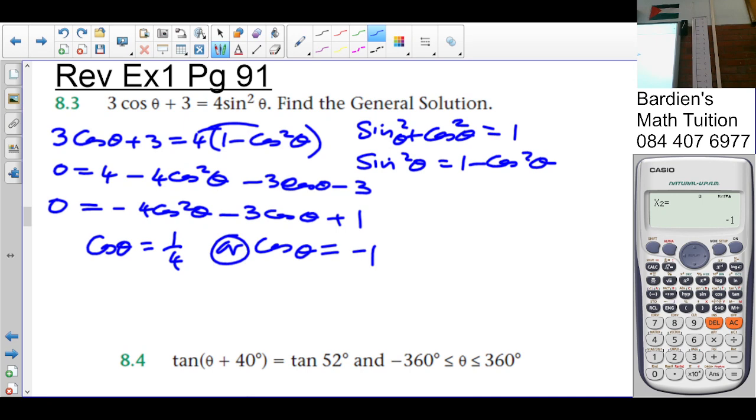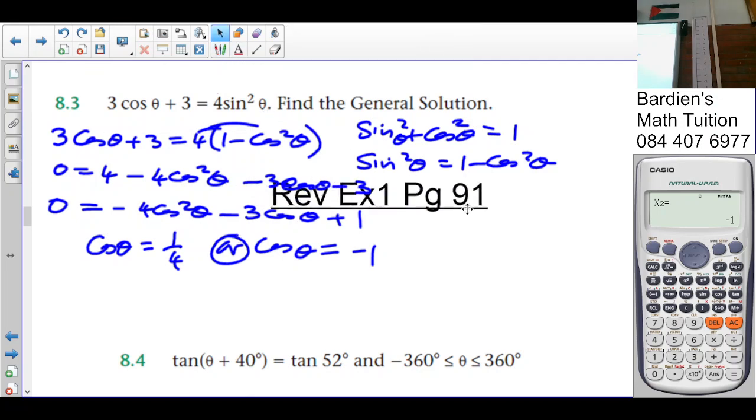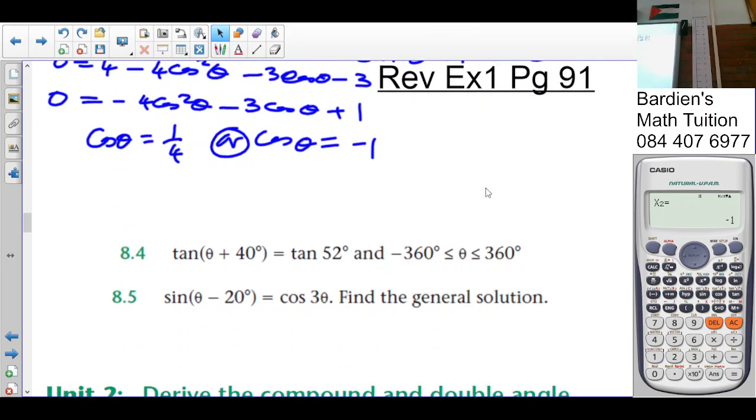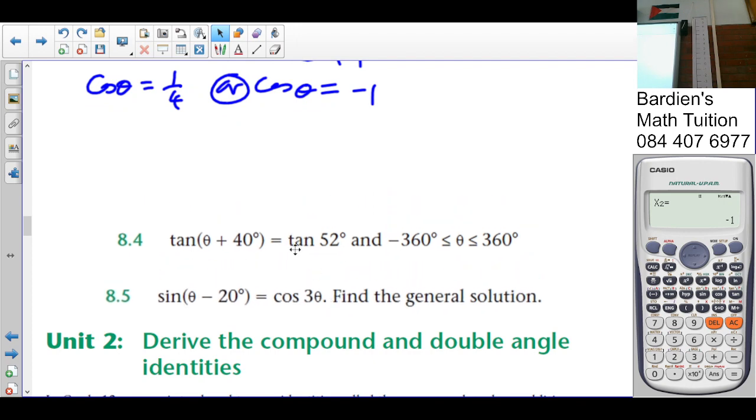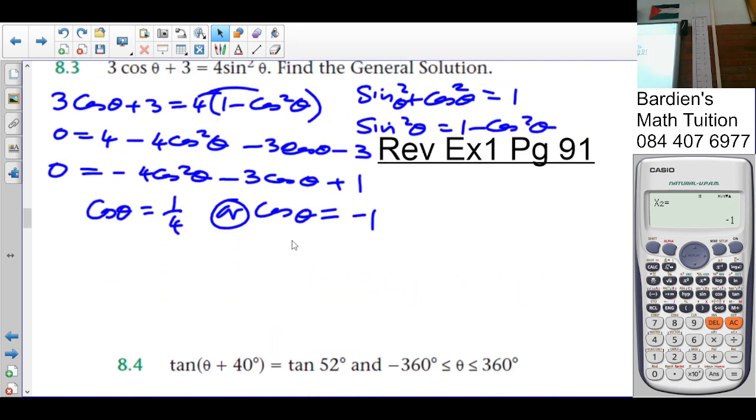Okay. So now again, general solution for cos of theta equals a quarter. Let's go with that. So for this one here, my reference theta is equal to arc cos of a quarter.